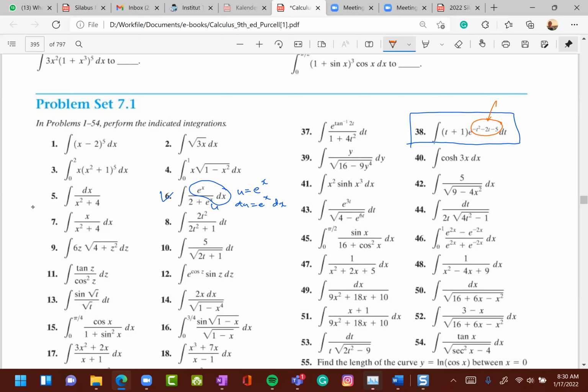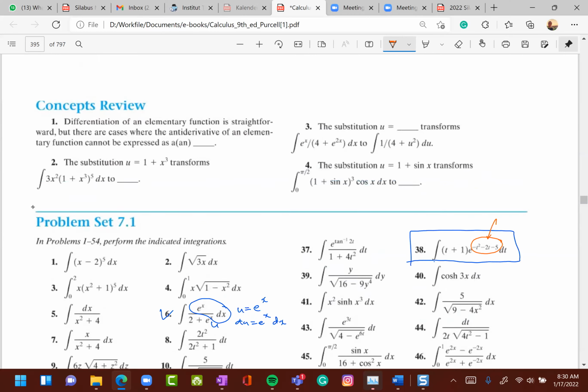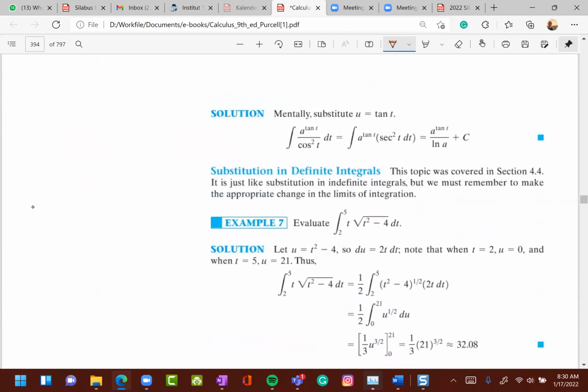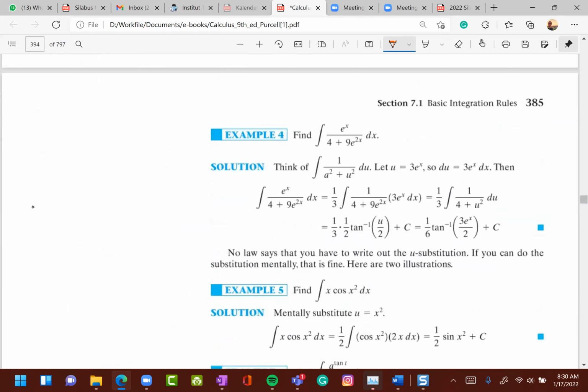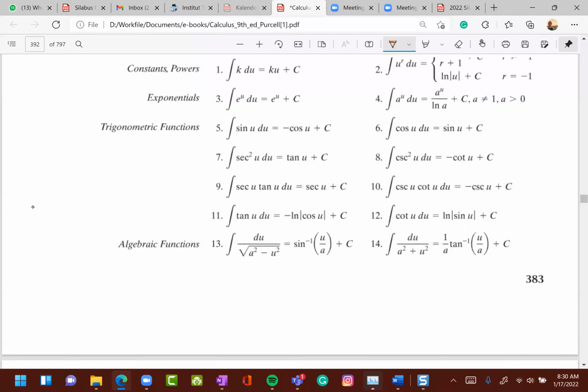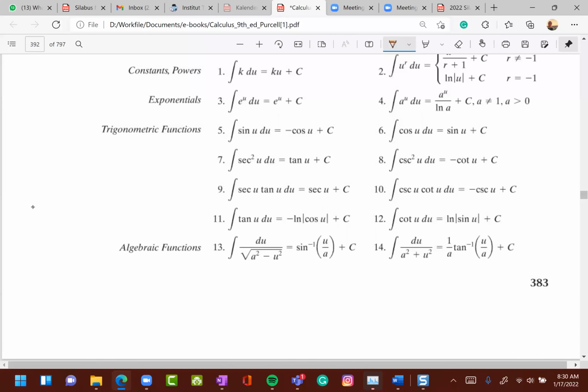All right, so let's do something else. If you see from the standard table, you find two, 13 and 14, special forms that give you tangent inverse or sine inverse.